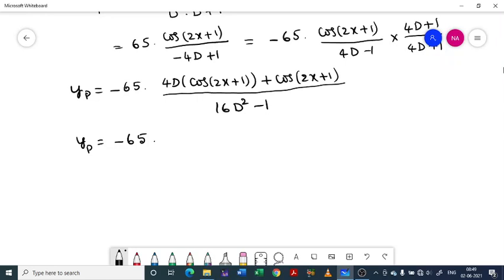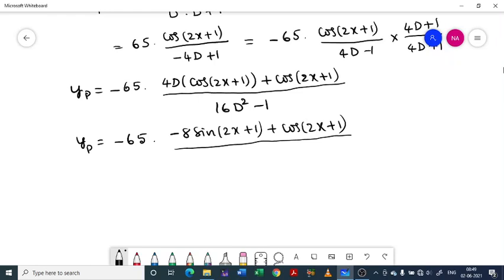Derivative of cos of 2x plus 1 is minus 2 sin of 2x plus 1, into 4, minus 8 sin of 2x plus 1, plus cos of 2x plus 1 divided by 16 into, replacing d square by minus 4, 16 into minus 4 minus 1.